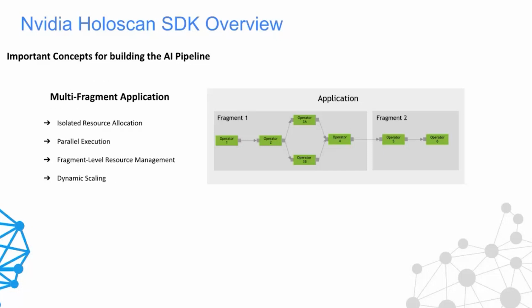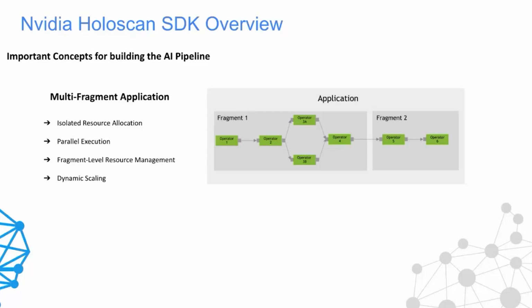Overall, multi-fragment applications have many advantages. Isolated resource allocation: that means that if your pipeline has different CPU workloads and different GPU workloads in different parts of your pipeline, then you can club them into different fragments so that resource allocation can be done properly and utilized in an optimal manner.